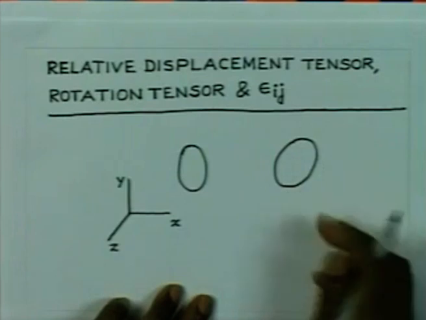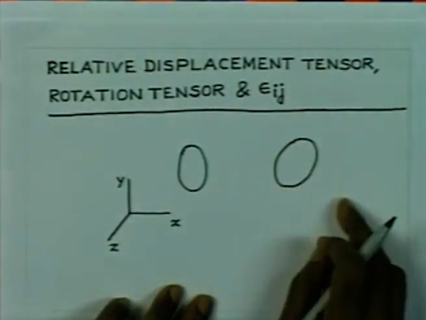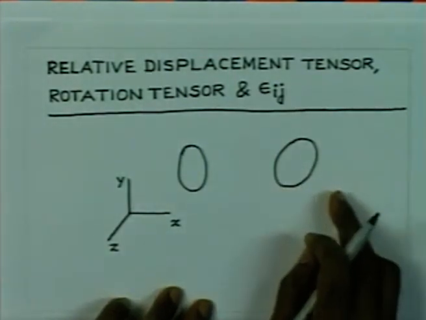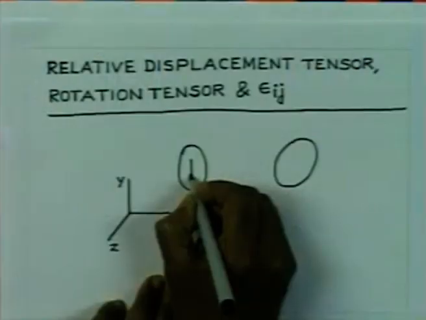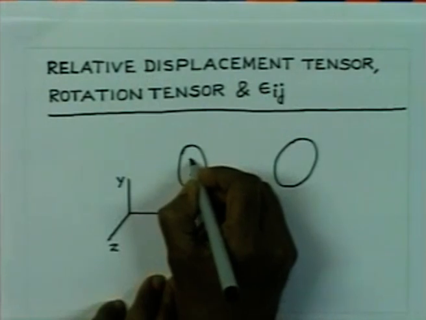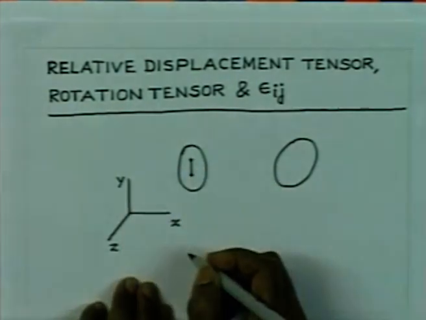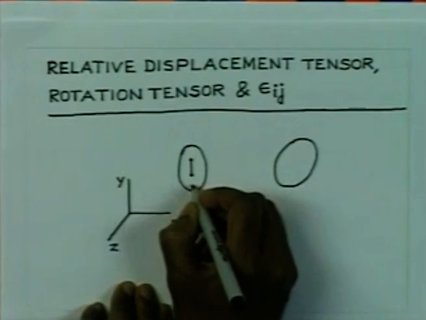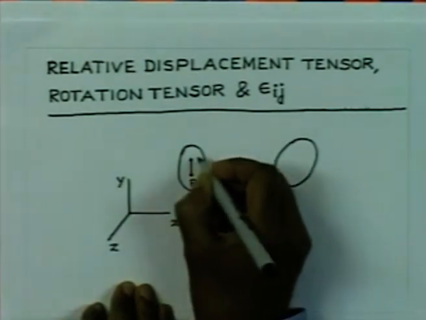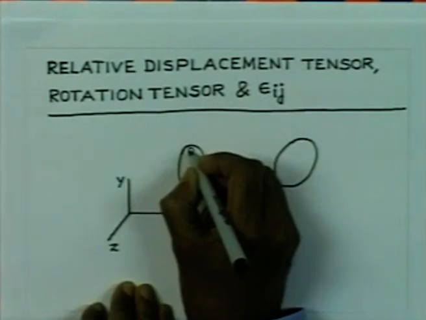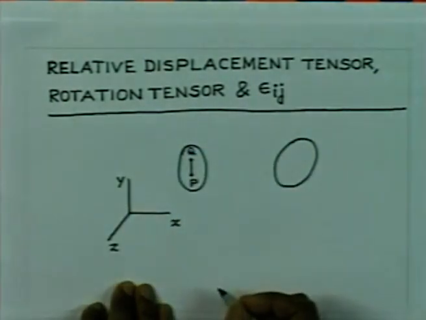It is moving in space and it has both rotation and deformation. If we confine our attention to 2 points, although we are showing these 2 points to be widely apart, in fact our interest is to consider these 2 points which are close by. So, these are the 2 points.